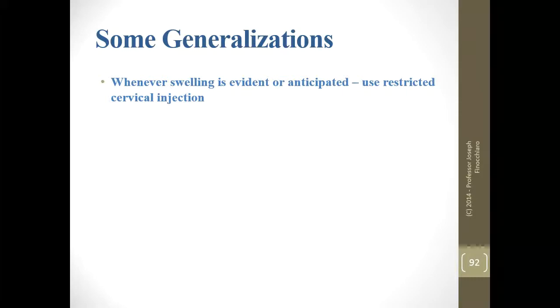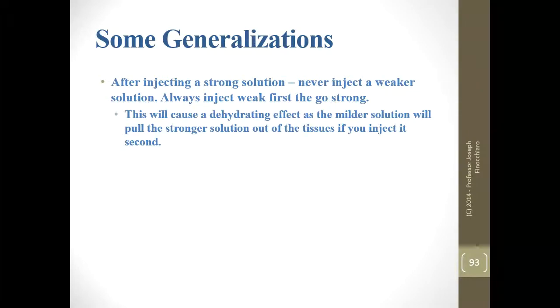Again, rule of thumb, if it's going to be an issue, isolate the head. When injecting a strong solution, or after injecting a strong solution, never inject a weaker. Always inject the weak solution first, then kick it up a notch. This will cause a dehydrating effect as the milder solution will pull the stronger solution out of the tissues if you inject it second.